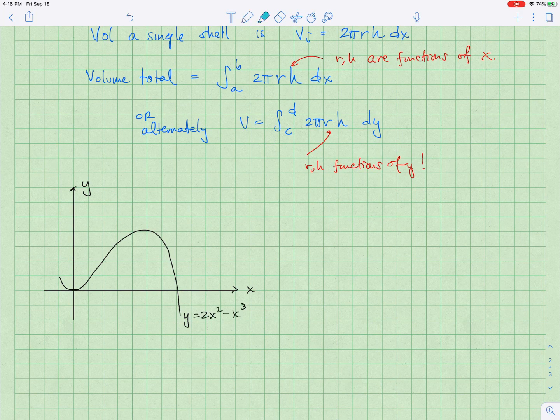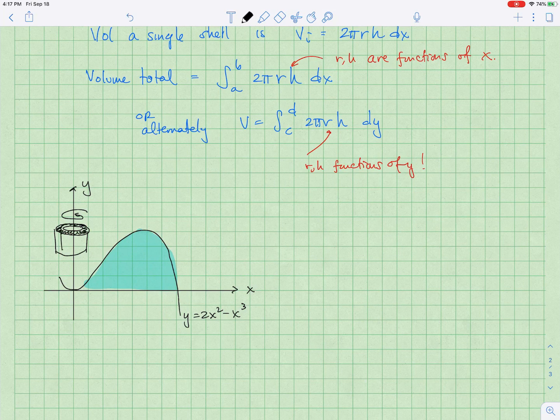We're talking about rotating this region about the y-axis. And now, when I draw my approximating shell here, my shell is wrapped around the axis like this. And I always tell students that they should draw that little approximating shape here.